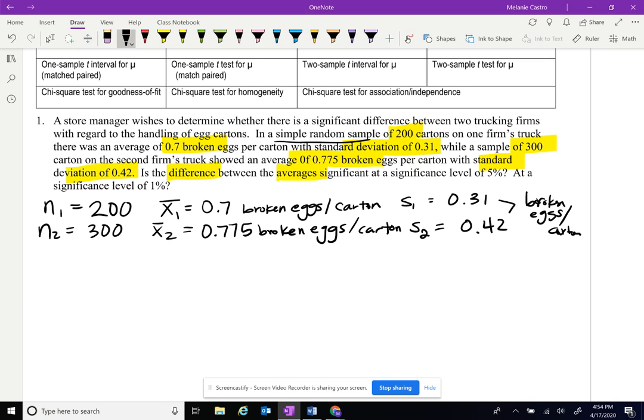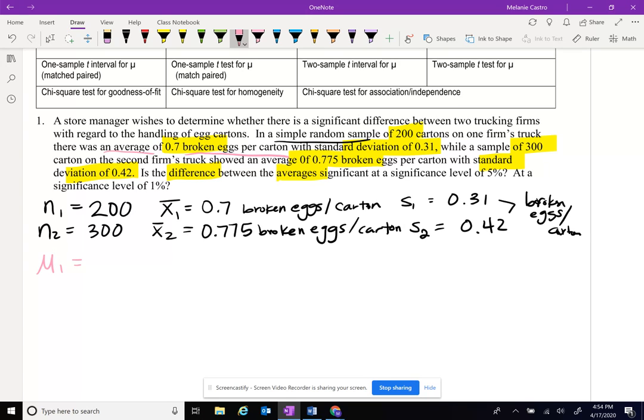All right, so hopefully you noticed you have two samples and you're talking about means. So the first part of this whole journey is defining our parameters. The two things that we're looking for are the average number of broken eggs per carton. So for mu sub 1, that's our first parameter.